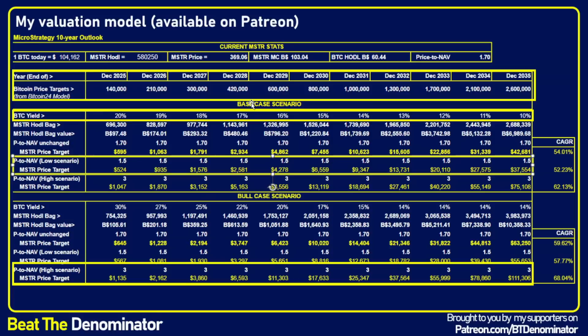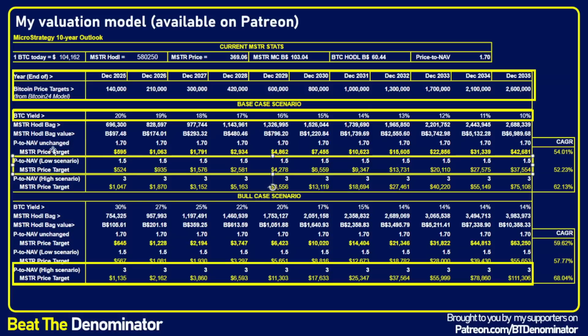That's the bear case with the bear price to NAV. So we're assuming another 13-14% drop in price to NAV, and we're assuming a bearish BTC yield, and that would be 524, which is still quite substantially higher than today.